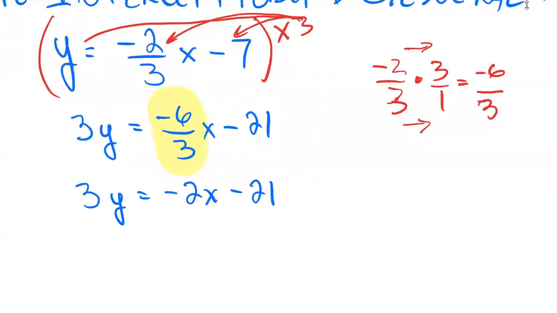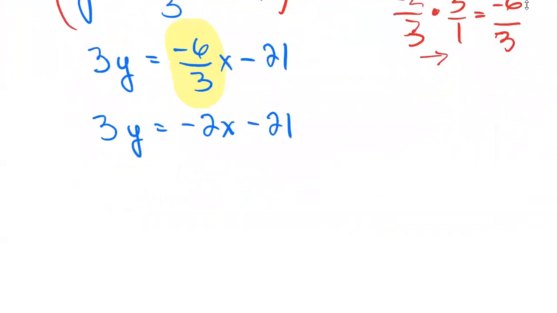So now we're at the point where we need to make a decision on what we're going to move to what side of the equal sign to determine our final output, our final answer. So in general form, remember that the x term has to be positive. So I can see right now that this is negative. So I want to move this to the other side.